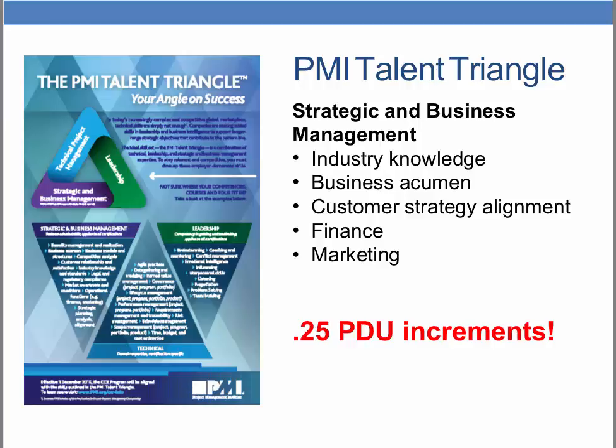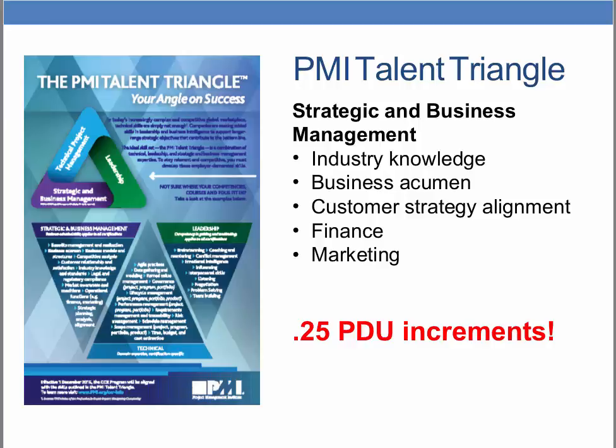we ask that when you submit your abstract, you identify those PDU increments at lowest level 0.25 of a PDU. Last year, we had several abstracts submitted where they indicated in the PMI talent triangle that it was, say, 42% business, strategic, and 68% technical.